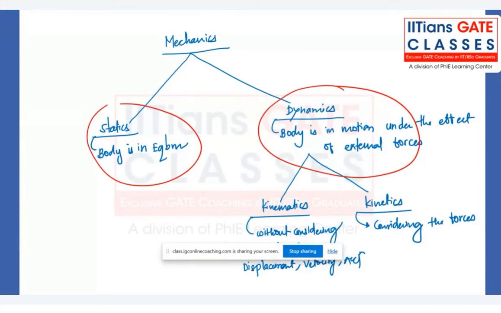For example, if I throw a stone at some initial velocity at a particular angle, what will be the velocity after a certain time, what will be the maximum height it will reach, how far it will go. All these things we will be studying in the kinematics part. Is it clear, Pranjul?